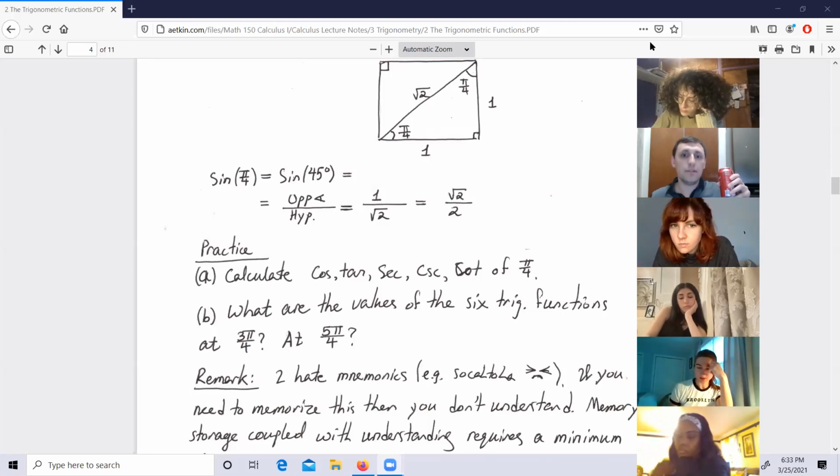The question is for 3 pi over 4, what is sine and cosine?